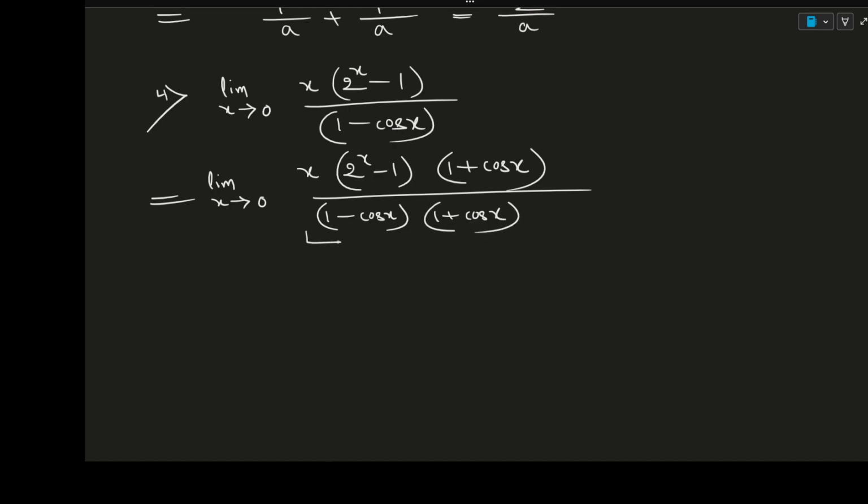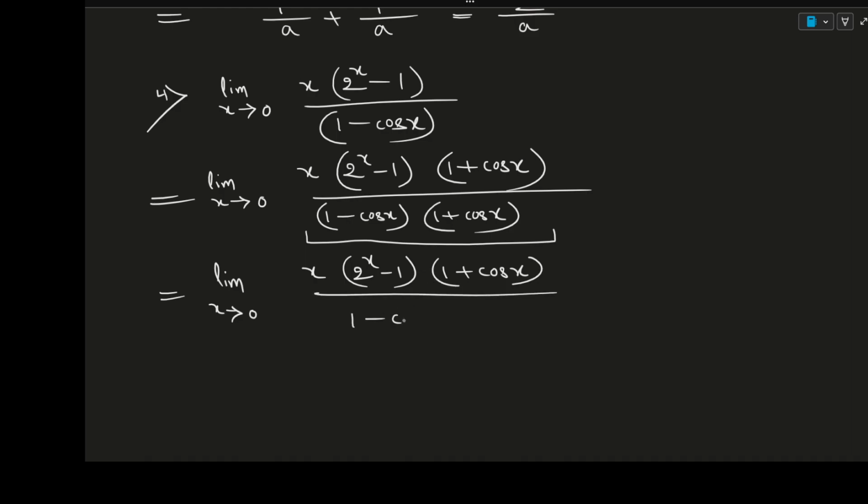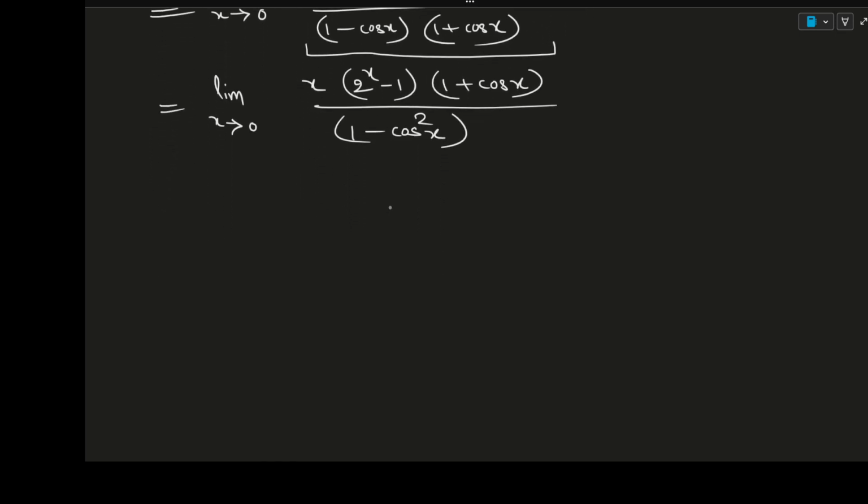So I will apply here a plus b into a minus b, it will be reduced to a square minus b square. So in the next step it will reduce to 2 to the power x minus 1, into 1 plus cos x, divided by 1 minus cos square x, and 1 minus cos square x is sin square x.